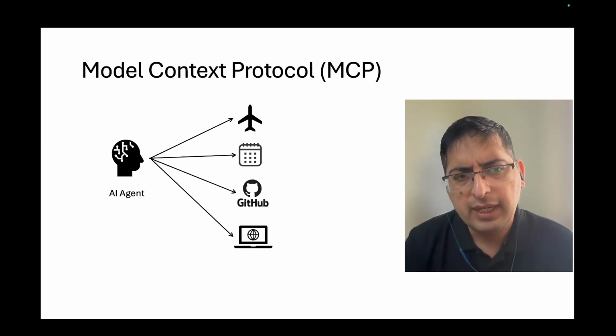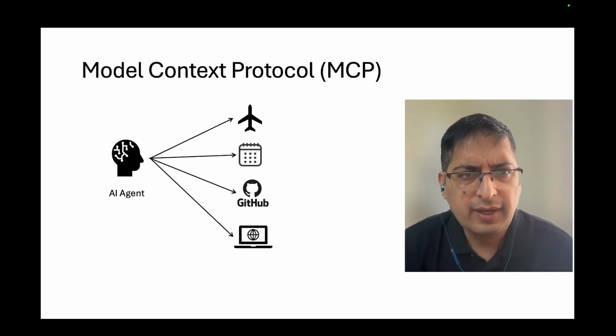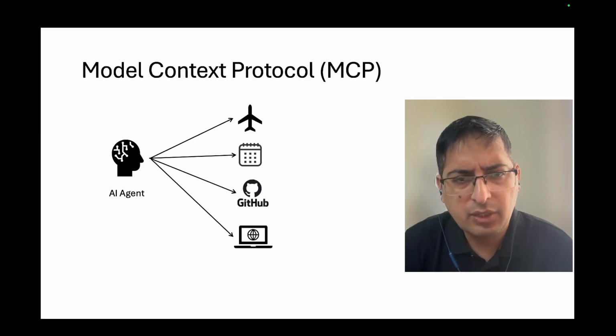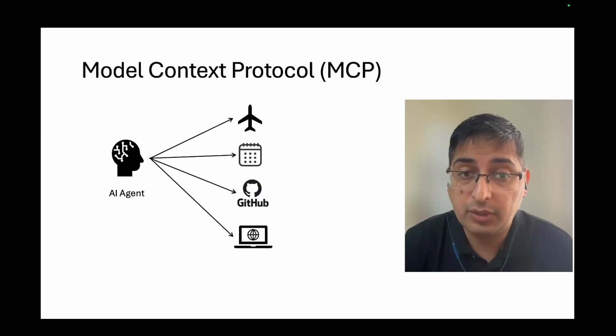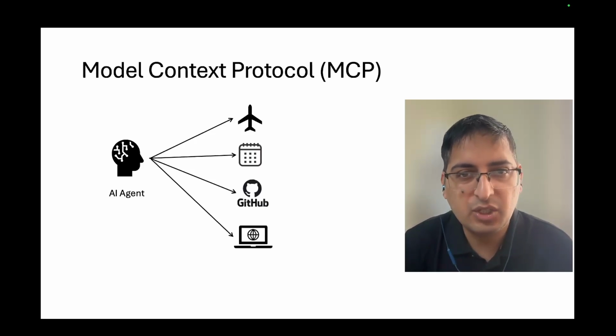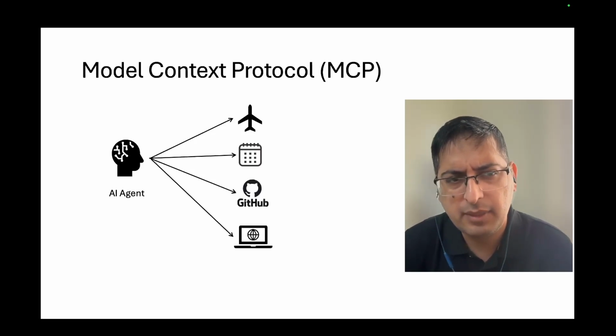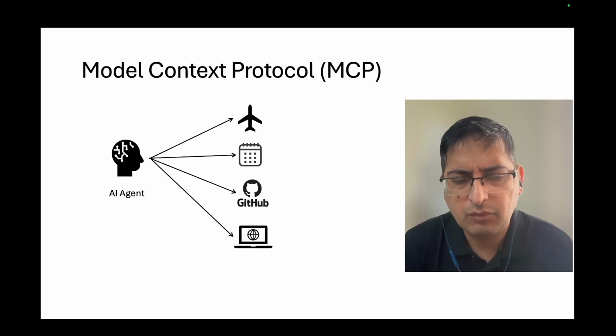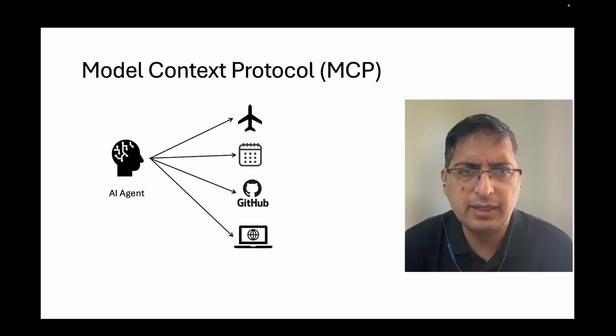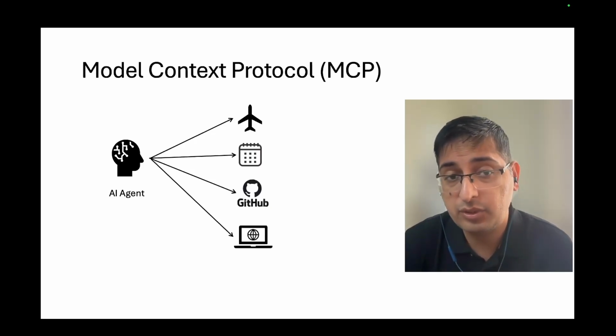Now, one way for an AI agent is to go on the internet, browse that website, and do the operation you want it to do. But a lot of times, the information that you want your AI agent to access may not be directly available on the internet. For example, it may be your company data that is not exposed on the internet.